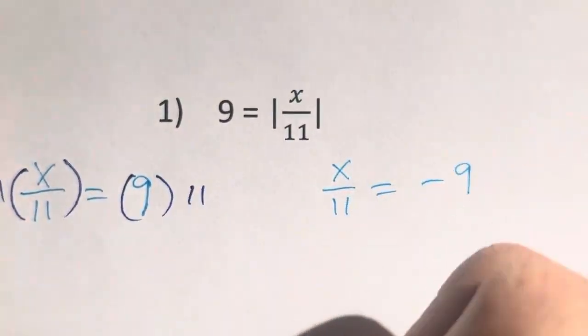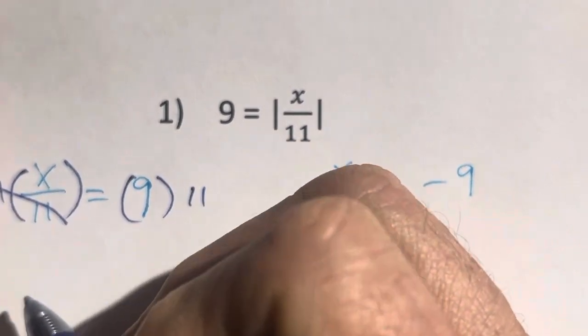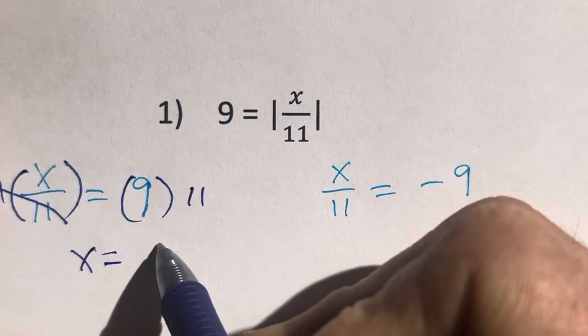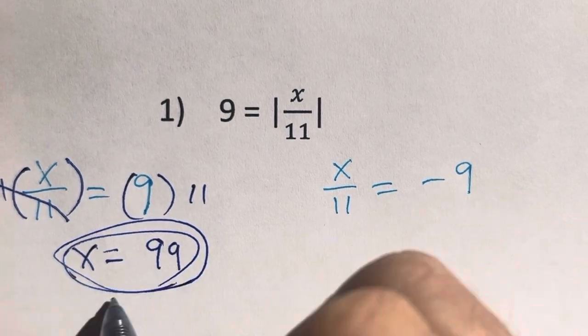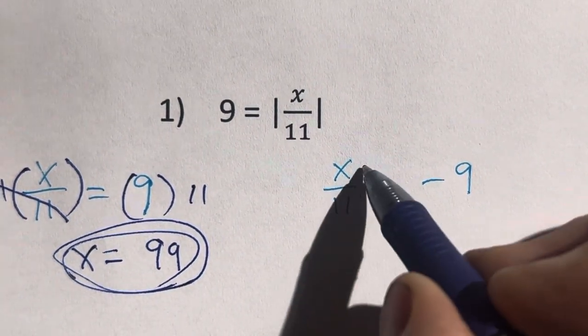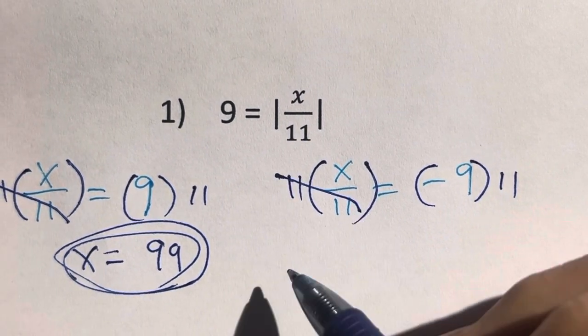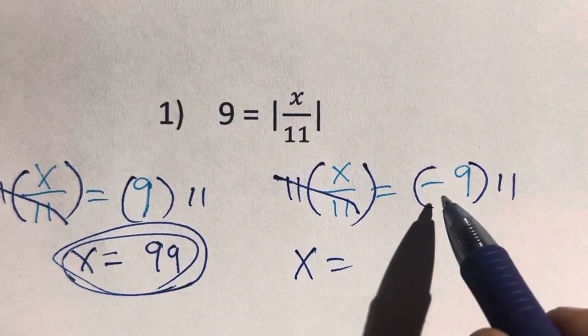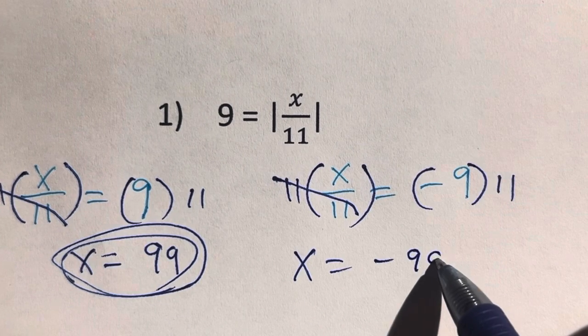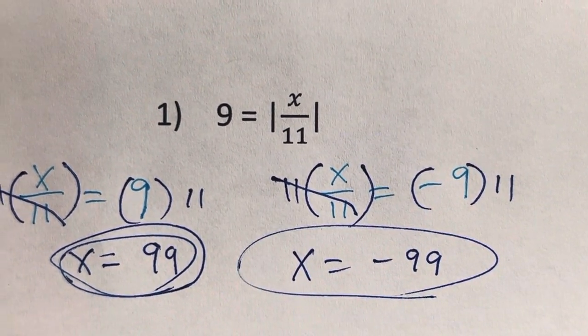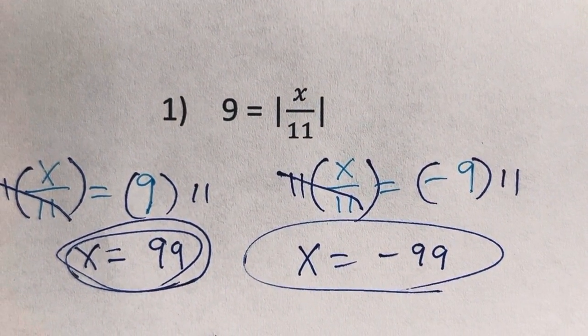When I solve this, I'm going to multiply both sides by 11. That'll make this cancel, and x equals 99. Here's one solution. Right here, I'm going to multiply both sides by 11 as well to make these cancel, and x would equal -9 times 11, which is -99. So here they are opposites again, but they're not always like that.